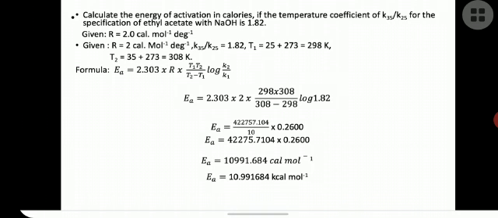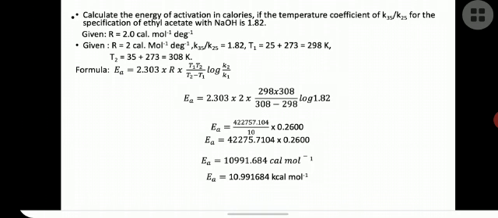Now, R is equal to 2 calories per mole per degree. K3 upon K5 is equal to 1.82. T1 is equal to 25 plus 273, it becomes 298 Kelvin. T2 is equal to 35 plus 273 is equal to 308 Kelvin.